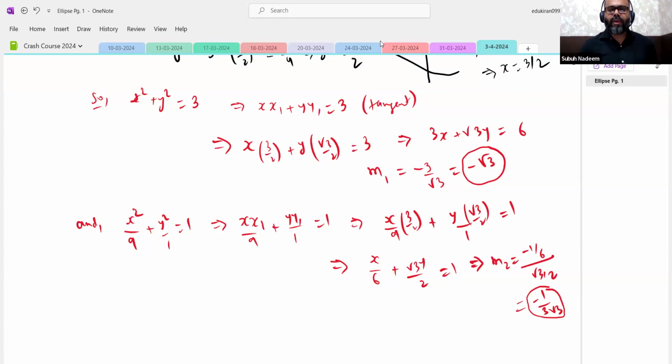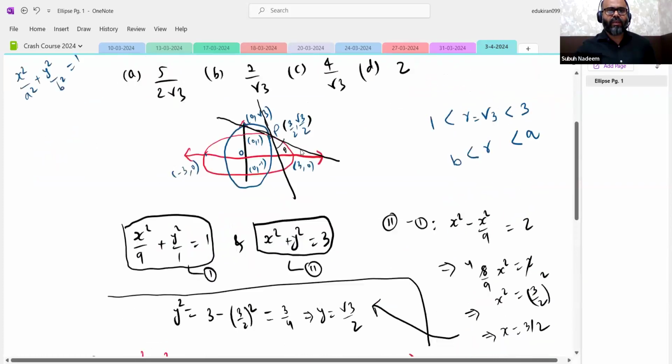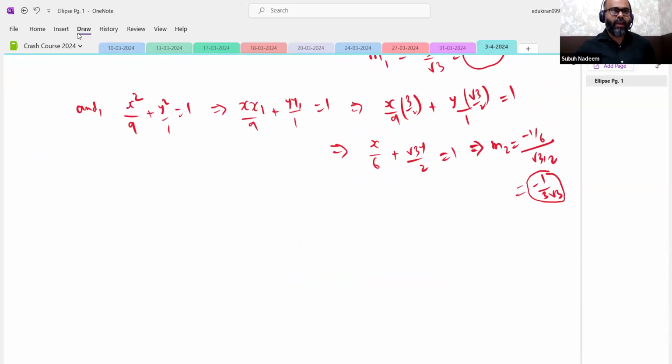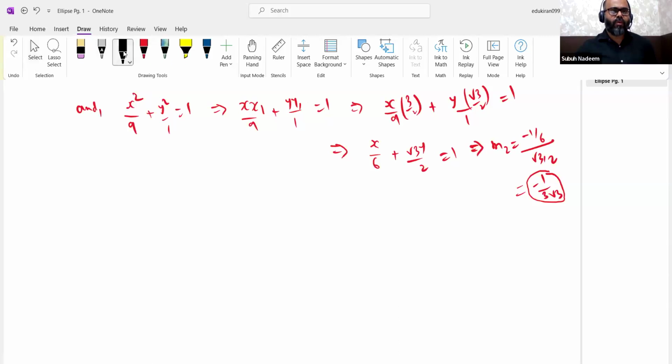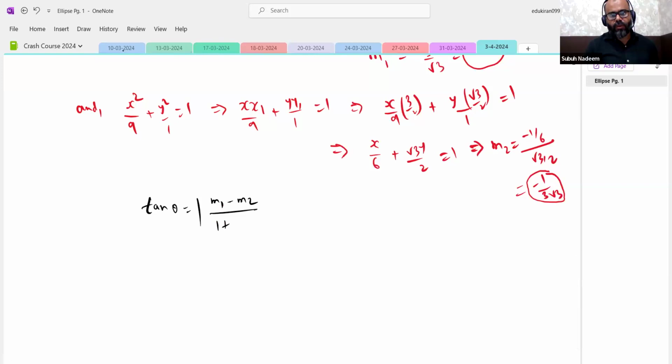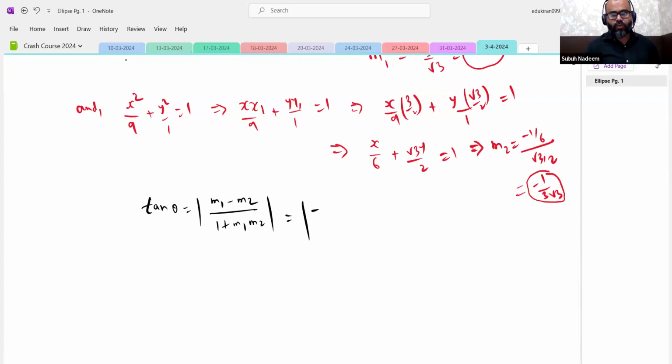Now the angle between the tangents is theta, and they are asking what is tan theta. By the straight line concept, the angle between two straight lines can be found like this. The acute angle, tan theta, is equal to mod of m1 minus m2 by 1 plus m1 into m2. m1 is, as we got here, minus root 3, and m2 is minus 1 by 3 root 3.